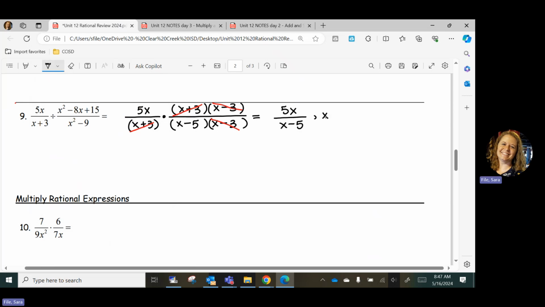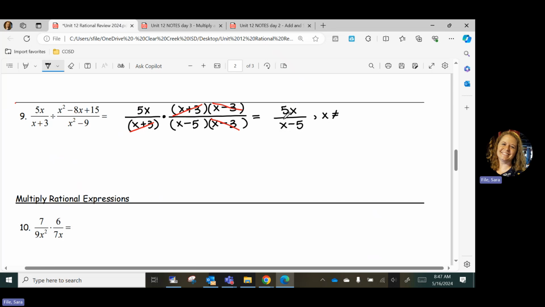But I do want to list my excluded values. x cannot be, okay, with what's left here, x minus 5, what could x not be? It's x minus 5. So what number could I not plug in here? Positive 5.